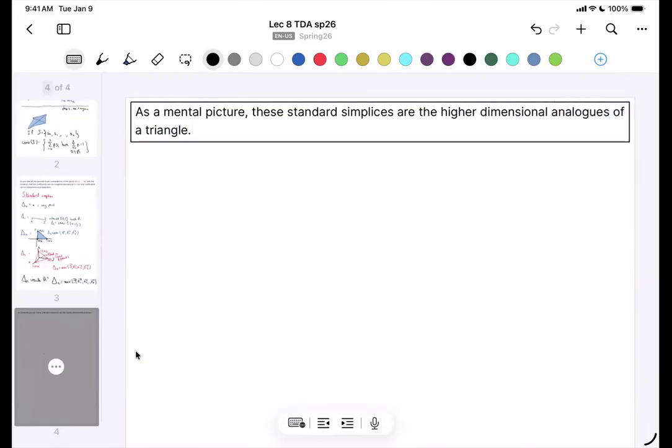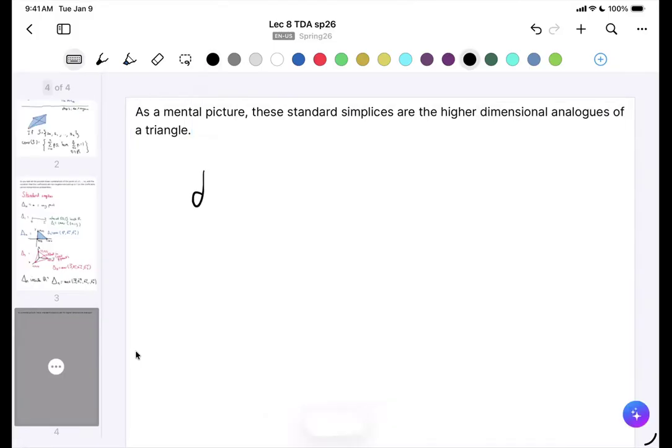And what I was saying is that the dimension of one of these standard simplices is n, which is the number of vertices minus 1.